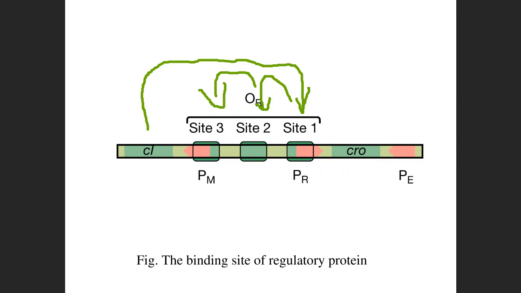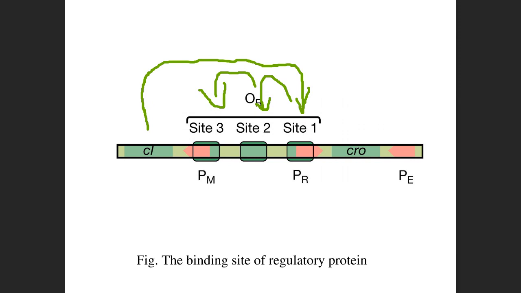So if a bacteria is healthy, this protein gets produced and stops the transcription.